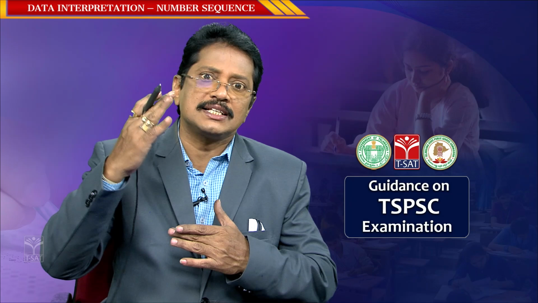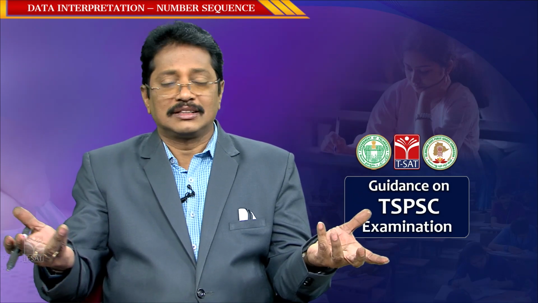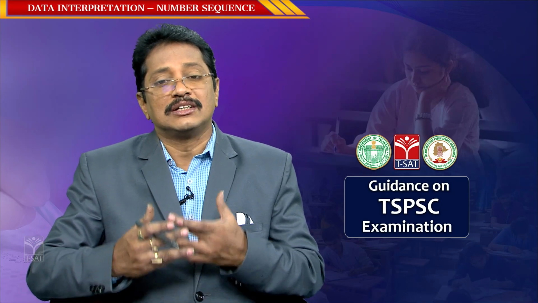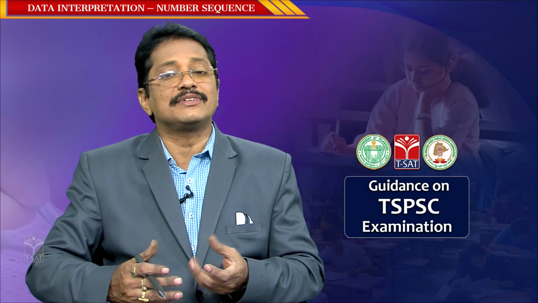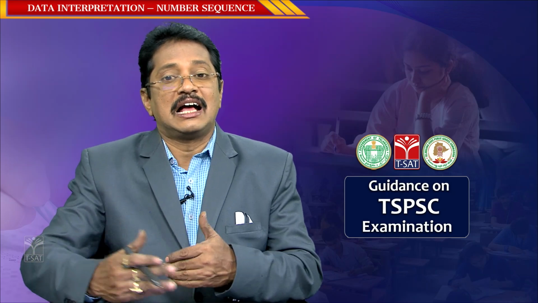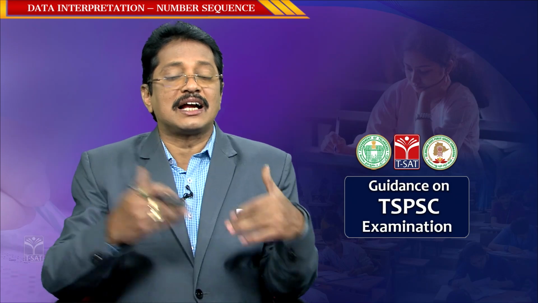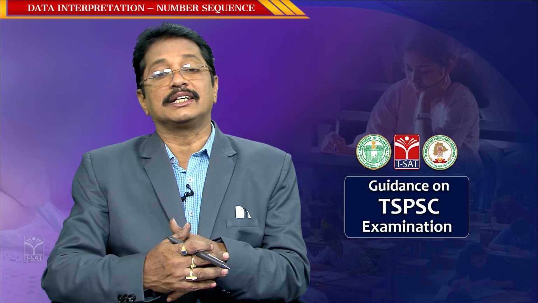The population is increasing rapidly, but there is no increase in the land. Correct or not? The quantity of food grains will not be raised. The percentage of increase in the population is not equal to the percentage of increase in the production of food grains.